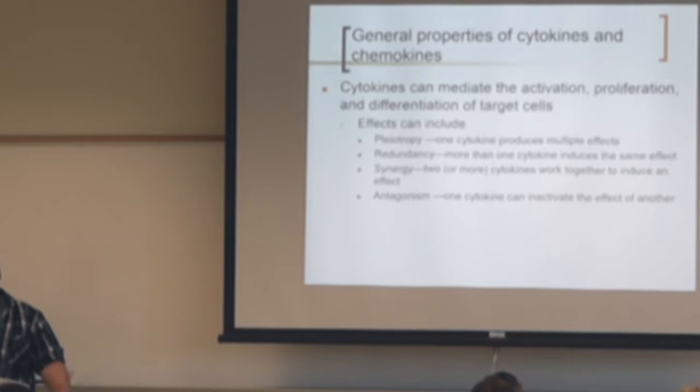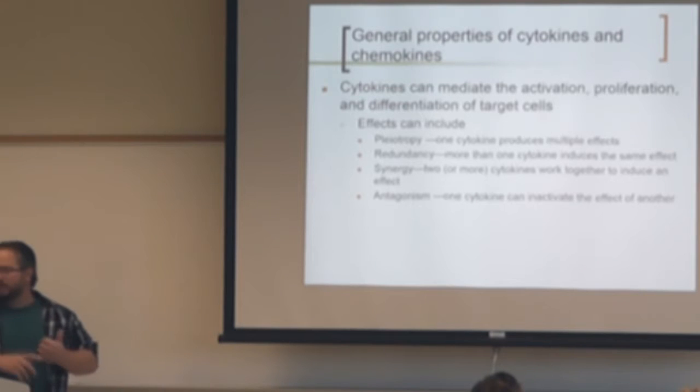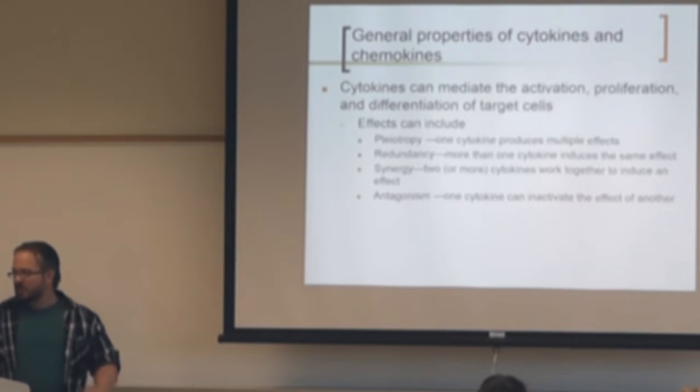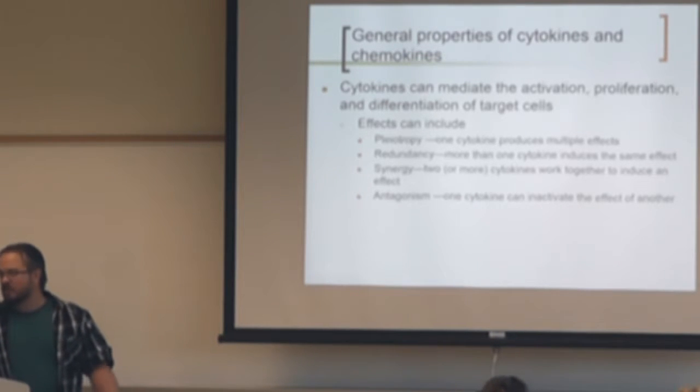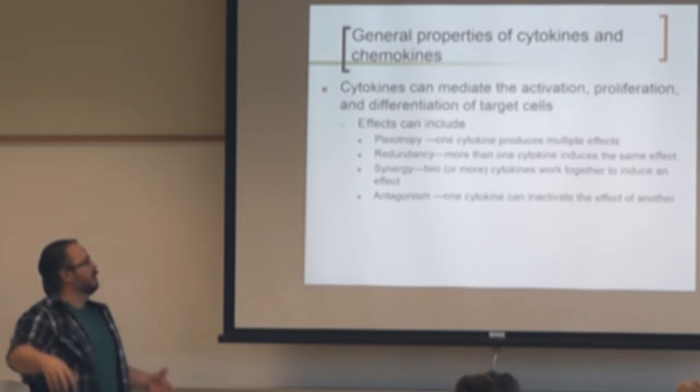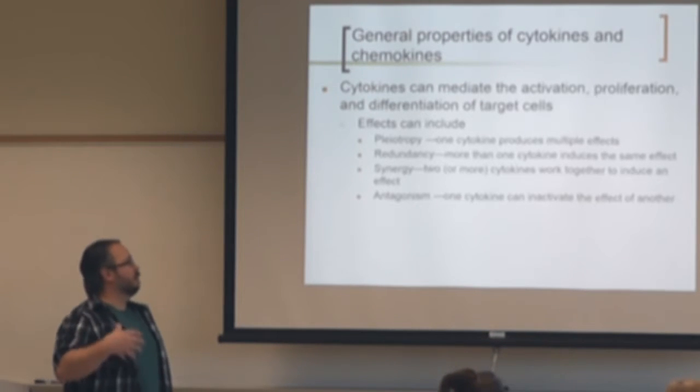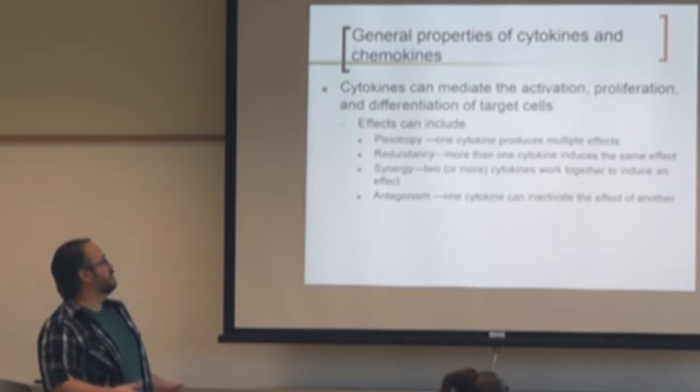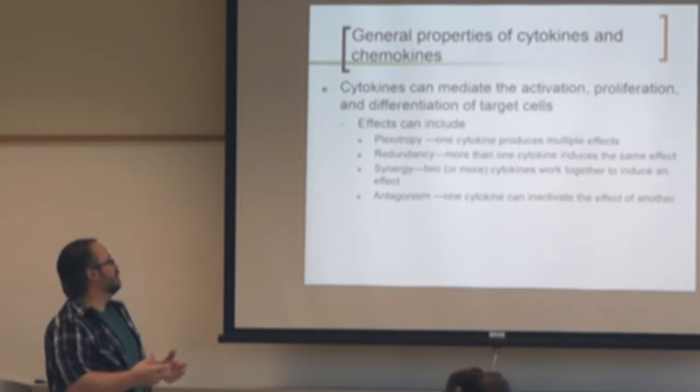So cytokines can mediate activation, proliferation, differentiation, as we said, and these are the terms, I guess, that I should have highlighted that we need to know. Pleiotropic, where one cytokine can produce multiple effects. It can affect different cells. It can have more than one response, depending on the context.